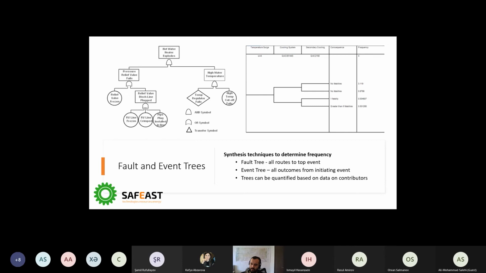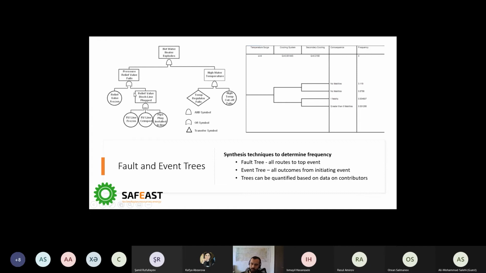For example, once you reach this base event, if you have enough information on how much of the time the relief valve is frozen, or what's the failure of the cutoff temperature sensors, let's say RTDs, then this should be enough for your base case. There is no further meaningful breakdown.